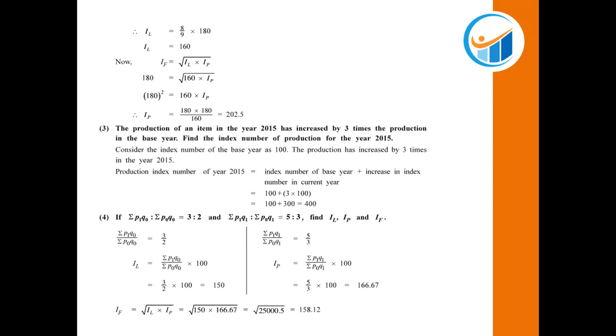We use our calculator and we get the index number of Paasche is 202.5. So in the question they give you the information of Fisher's index number, they give you the hint how you can obtain the Laspeyres index number. They say that the Laspeyres index number is 8 upon 9 of the Fisher's index number. So substitute the value of Fisher's index number there, 180, we get the Laspeyres index number, and then by applying the formula we can get the required answer.